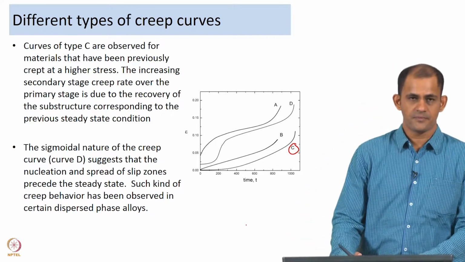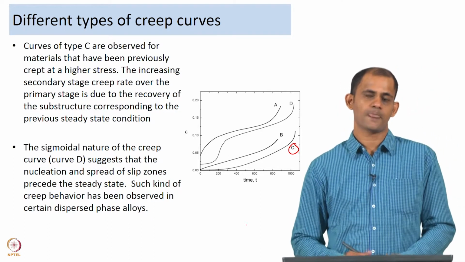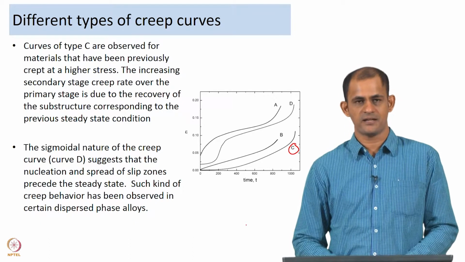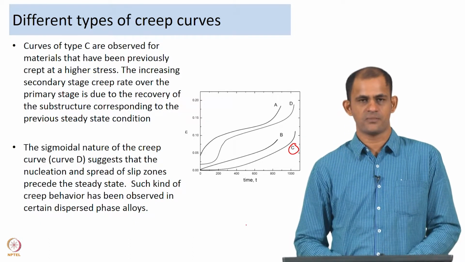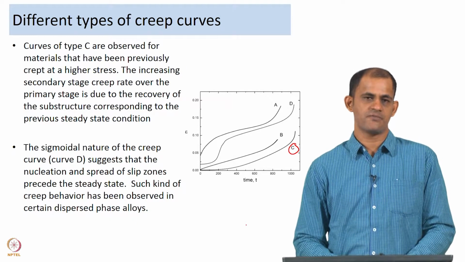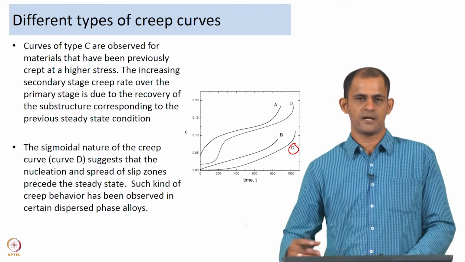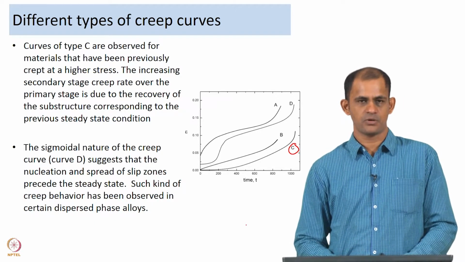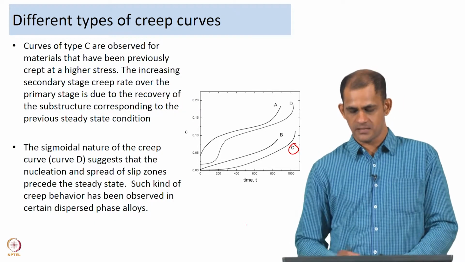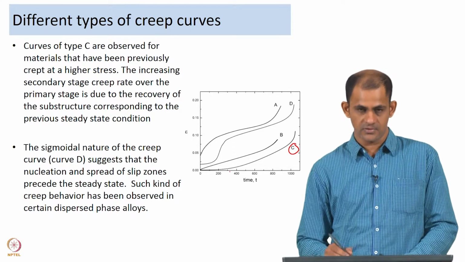So, say the material already has a deformation history, in this case creep at a higher stress, and then the same sample is now crept at a lower stress. Then type C curves will be observed.